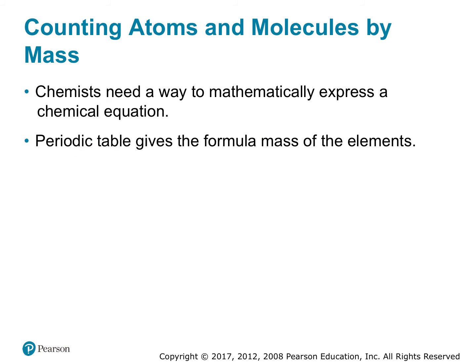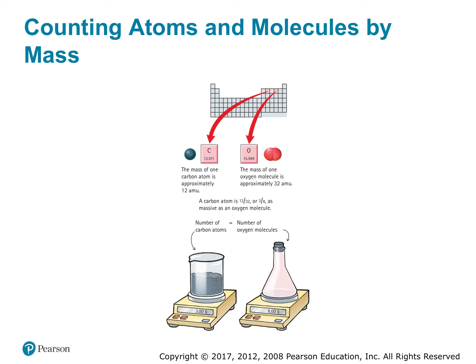And of course, we know that the masses of the elements are all given in the periodic table. We talked about that previously. And so this is one of the things that makes the periodic table an essential tool for understanding how chemical reactions work. So let's look at the following example. We've got two different things. We've got atomic carbon, so just individual carbon atoms, and we have molecular oxygen here, O2, two oxygen atoms bound together.